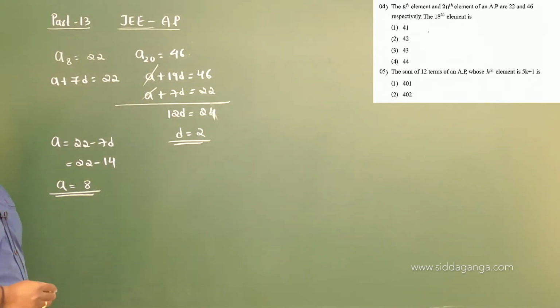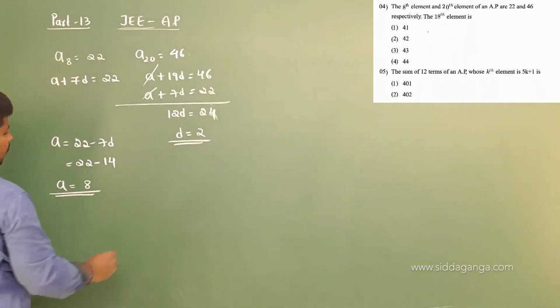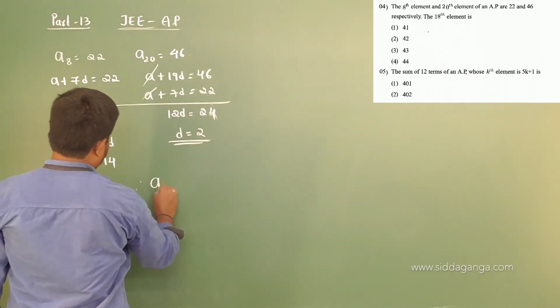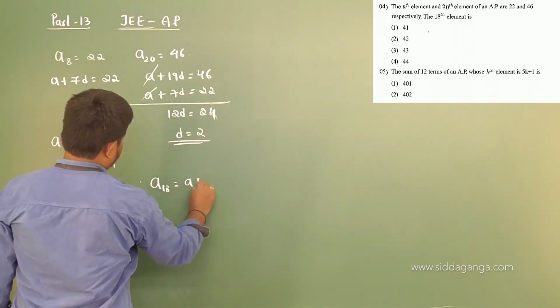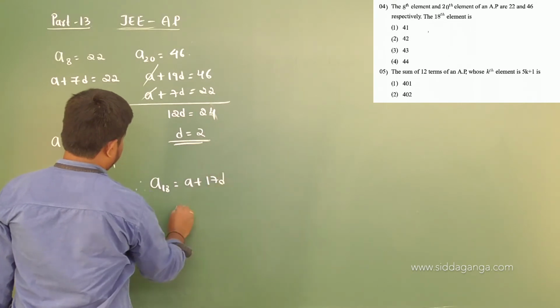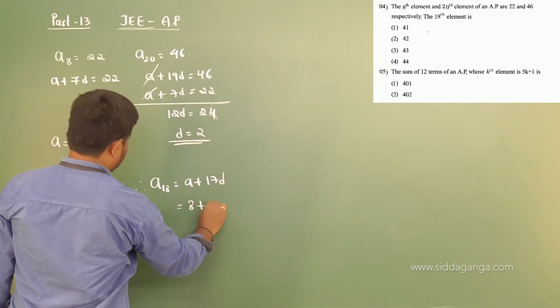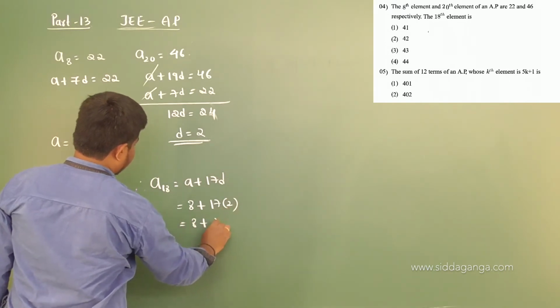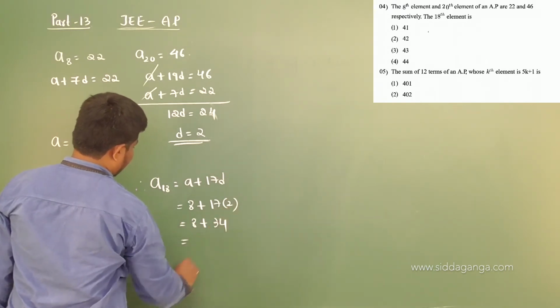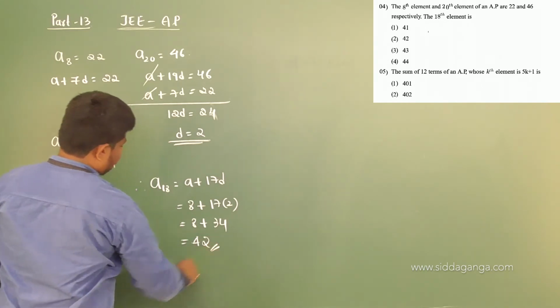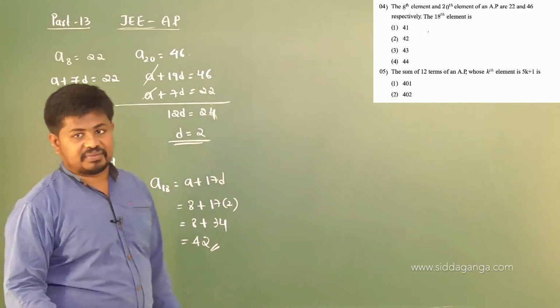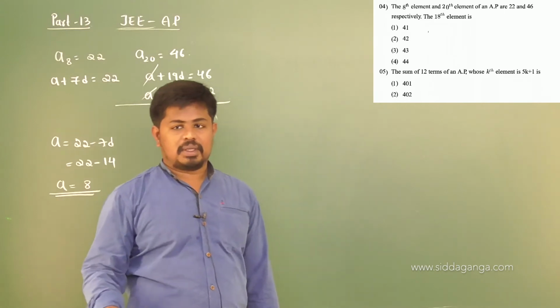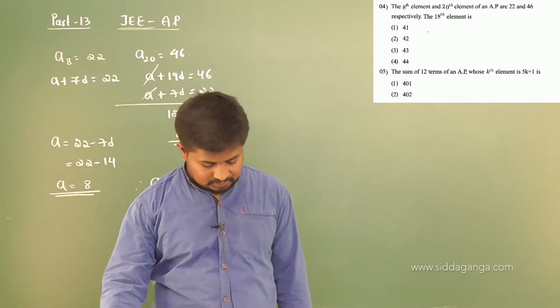We have to find the 18th element, A18, which is equal to A plus 17d. A is 8 plus 17 into 2, that is 8 plus 34, that is 42. So 42 is the 18th element of the sequence. Option 2 is the correct one.